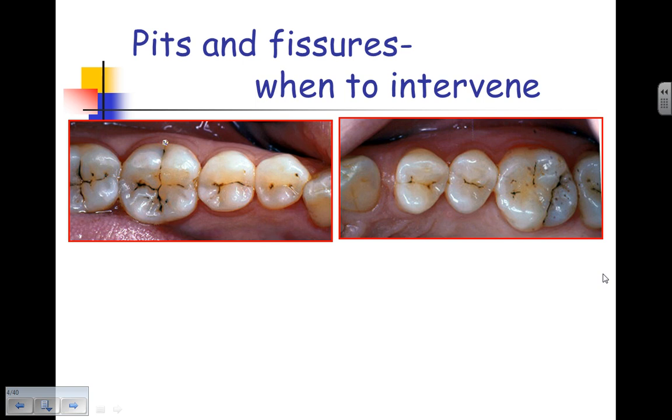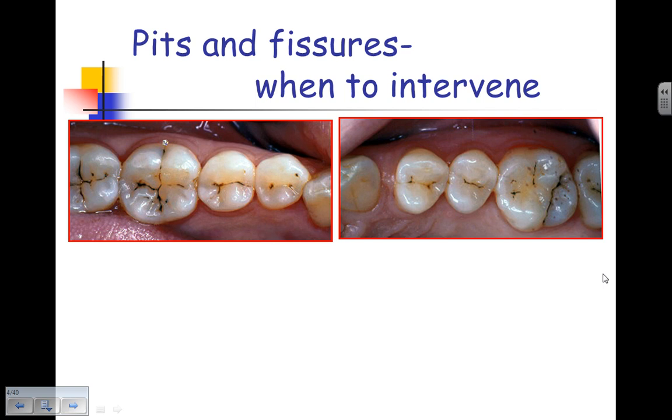When we look at these clinical pictures, we can see that there's discoloration in these pits and fissures, that in some instances they aren't continuous into the central grooves, into the buccal and lingual grooves, into buccal pits or into lingual grooves, but in fact are very distinct.